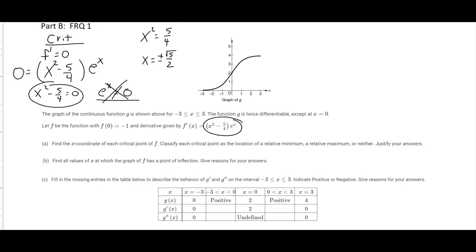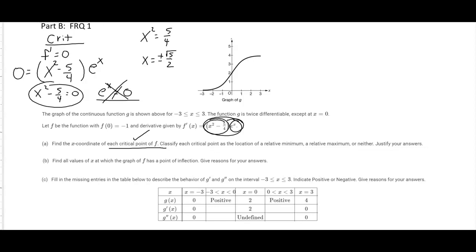By the way, critical values can also happen where a function is undefined, but this is a polynomial and this is exponential, and both of those functions are continuous everywhere, so there are no places where the derivative would be undefined. So we've successfully answered the first part of our question to find the critical points.